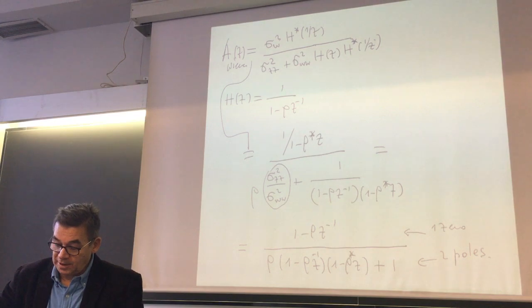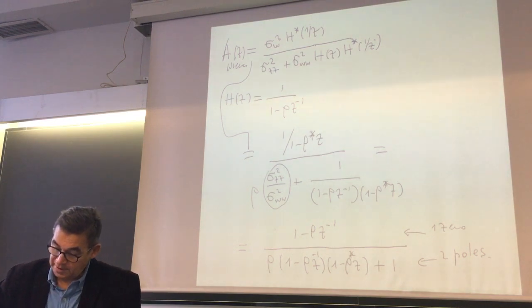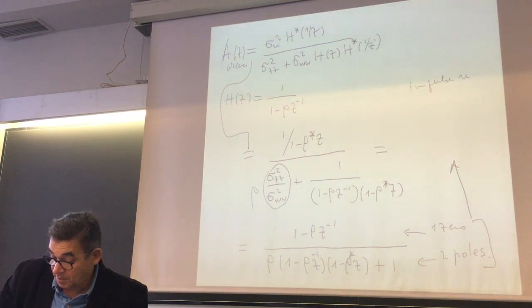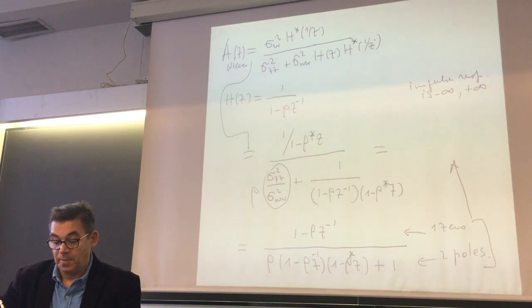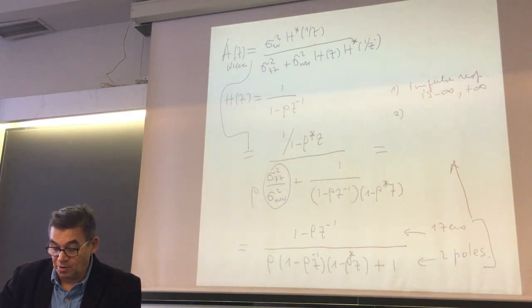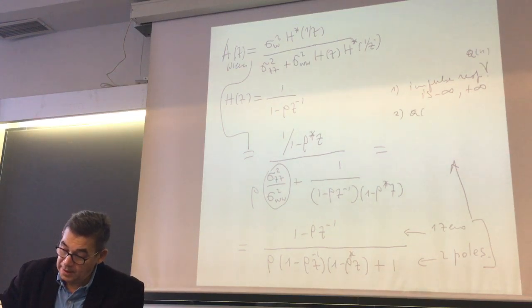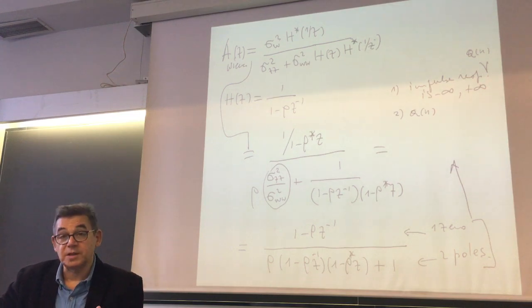So I can conclude, and I write here, that the impulse response is infinite, between minus infinity and plus infinity. The second remark is that, rather than writing impulse response, I use a_n, and a_n is positive and negative.